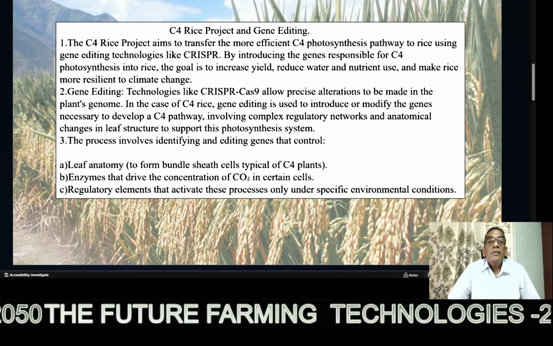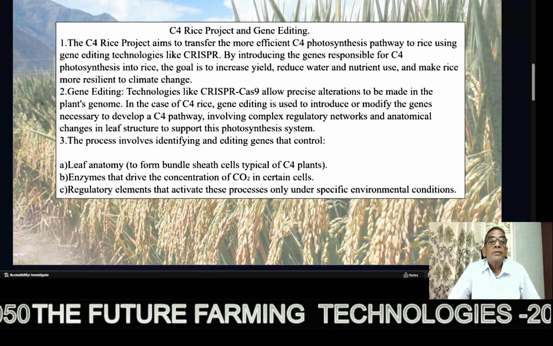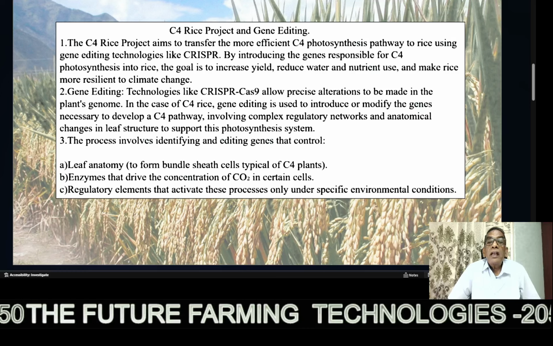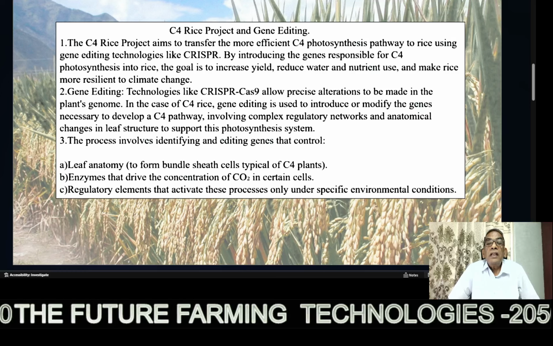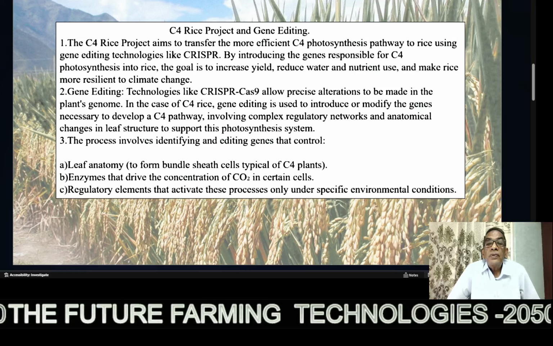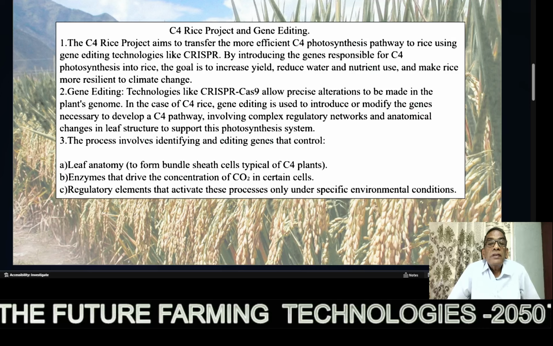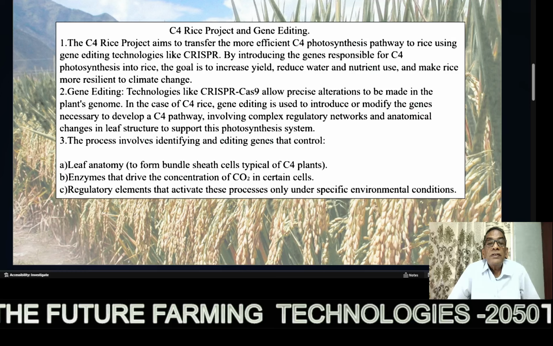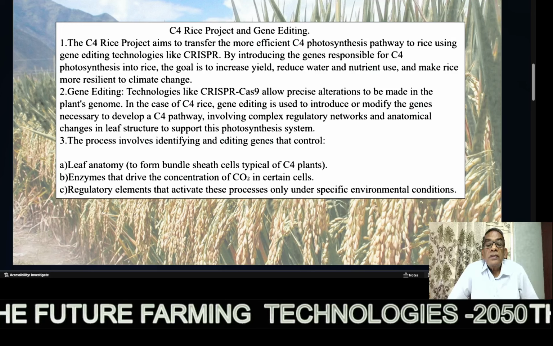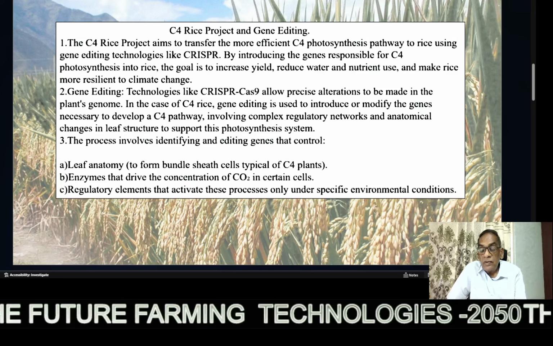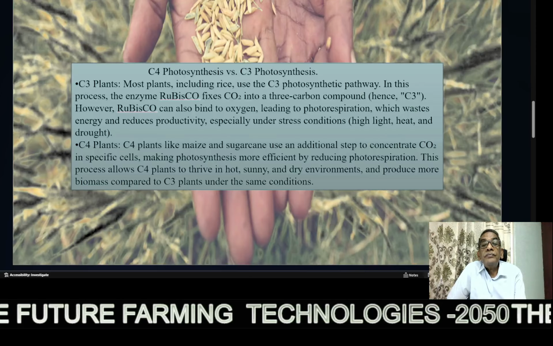The goal is to increase yield, reduce water and nutrient use, and make rice more resilient to climate change. What is gene editing? Gene editing technologies like CRISPR Cas9 allow these things. This is what I showed just now.